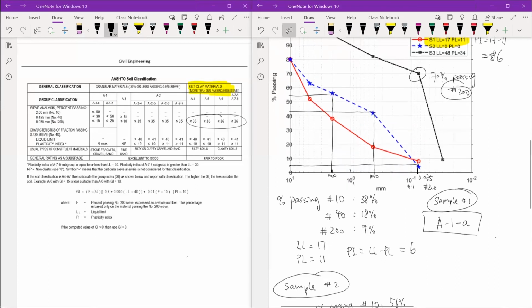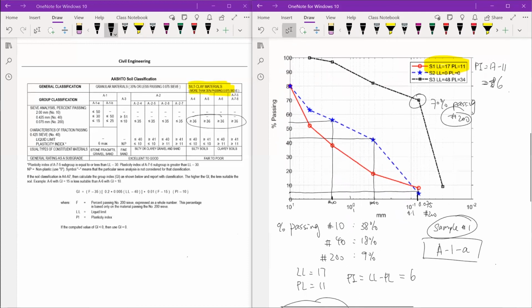Now it's time to check our PI values and liquid limit values. The liquid limit for this case is 48. And PI equals the liquid limit minus the plastic limit, so 48 minus 34.